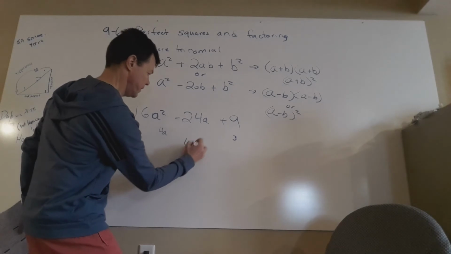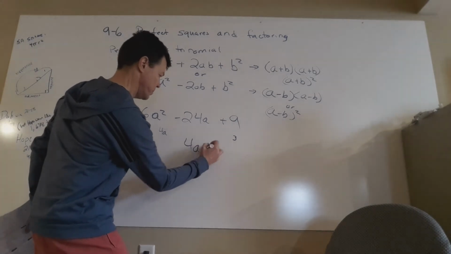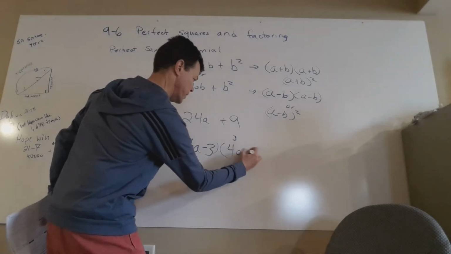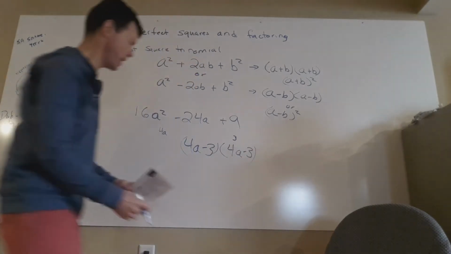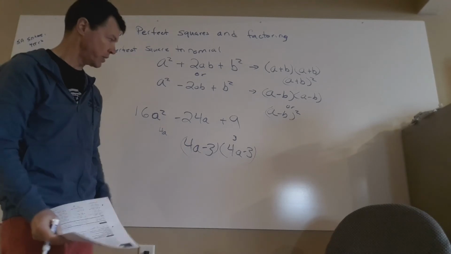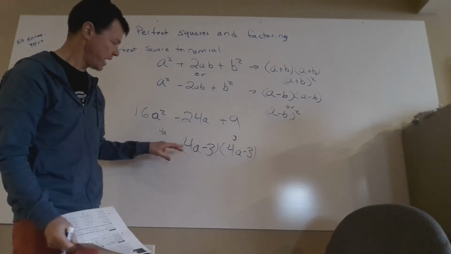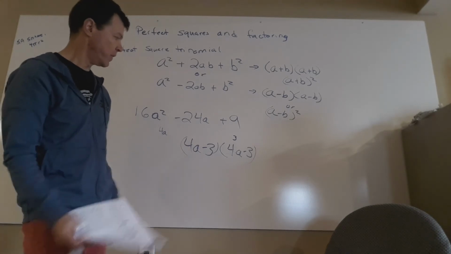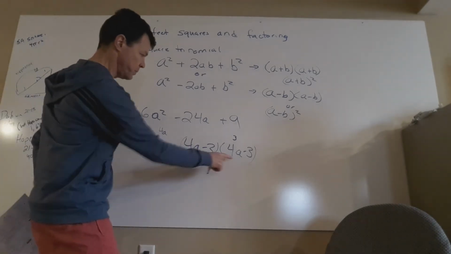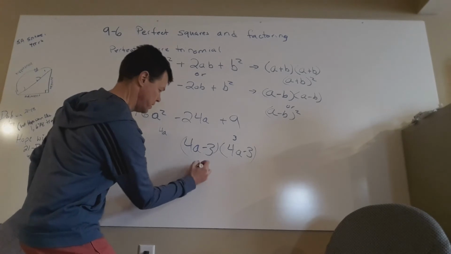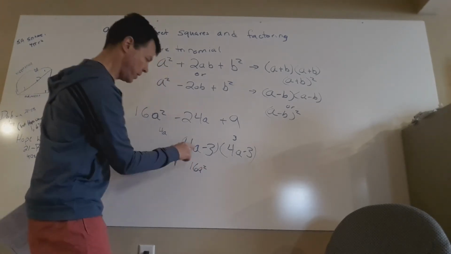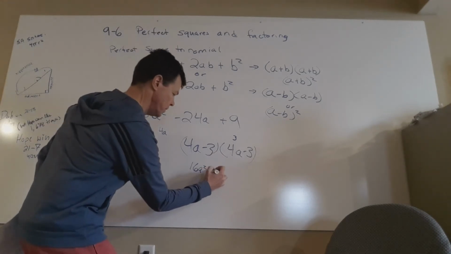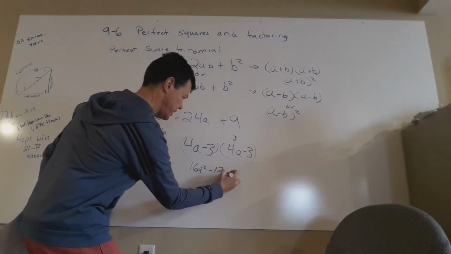You can have 4a minus 3 times 4a minus 3. That follows that pattern, or just 4a minus 3 quantity squared. If you're not sure again on your answer, check your work by using FOIL. Do 4a times 4a, right? 16a squared. 4a times negative 3 is negative 12a.